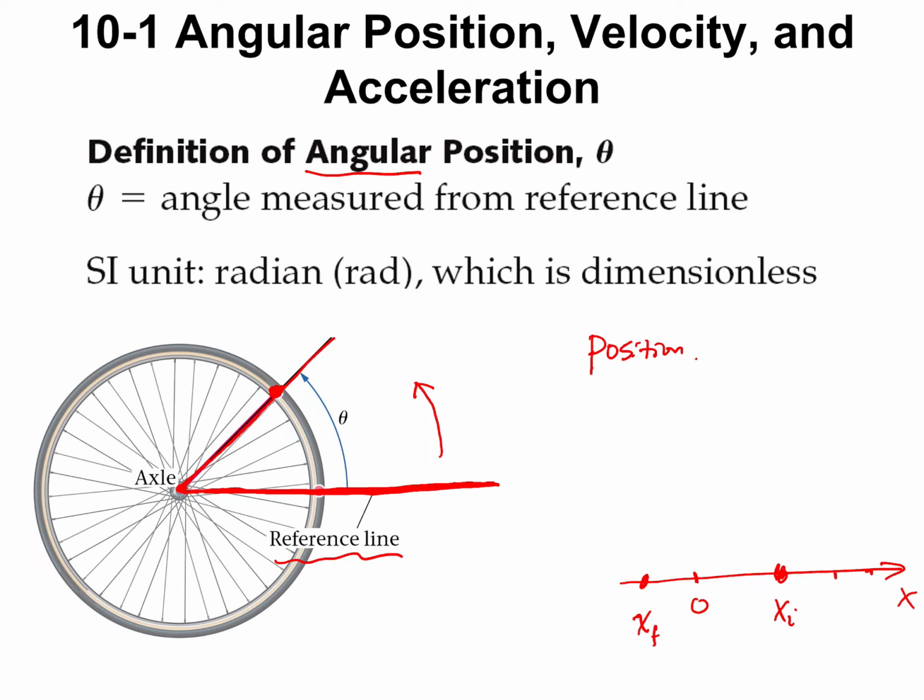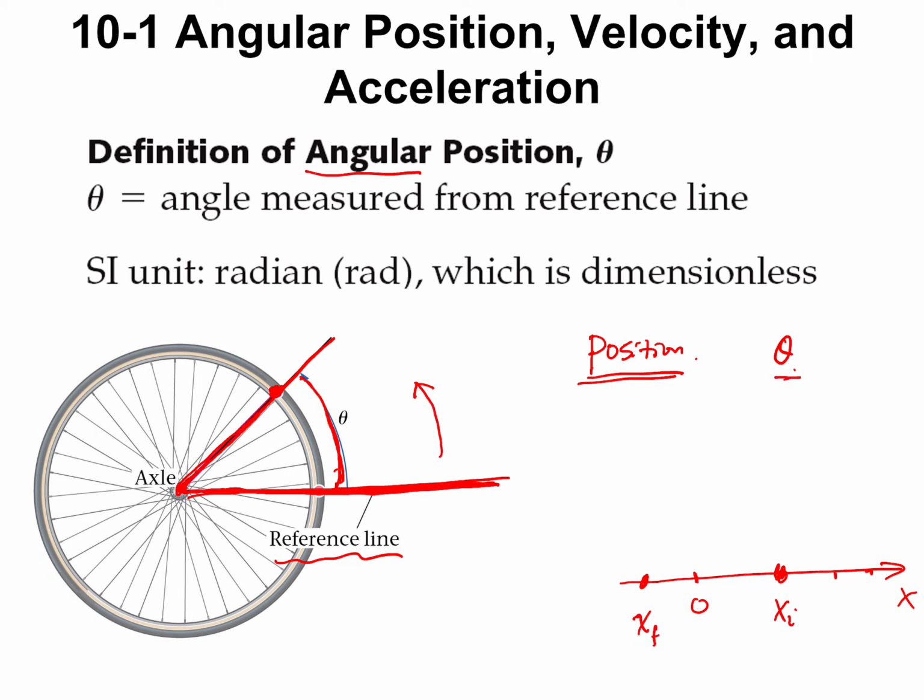So there are two lines: the reference line, and the line from the axis to the point of interest. Then the position is described by the angle between the reference line and the line linking the axis and the point of interest.